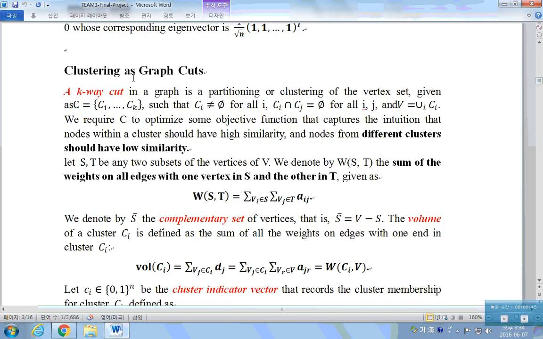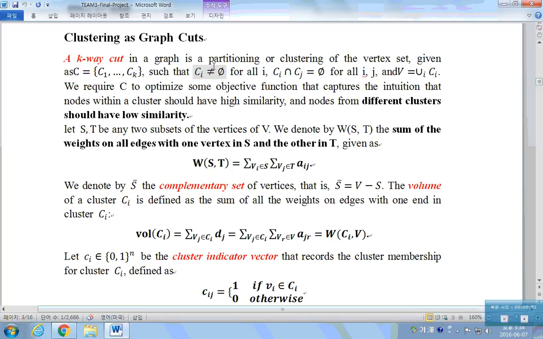So following, we consider clustering as a graph cut. Usually graph cut means just cutting a graph into two parts, but here we consider a k-way cut, meaning cutting the graph into k partitions.